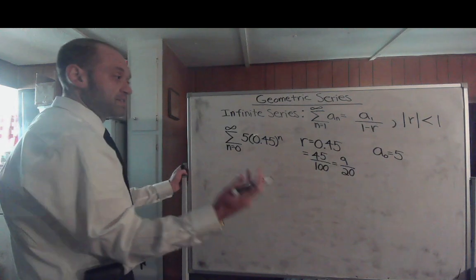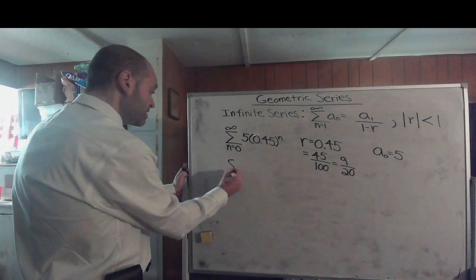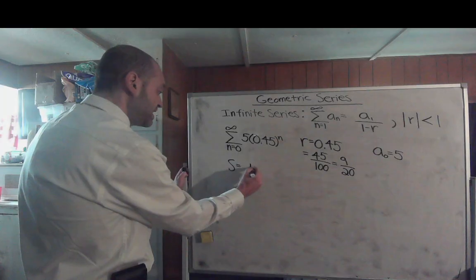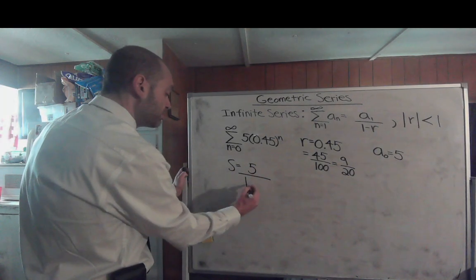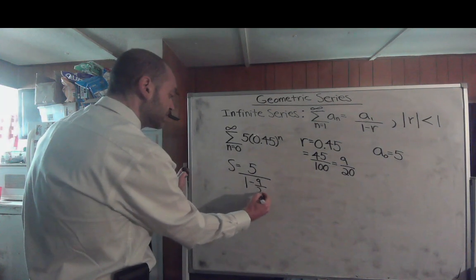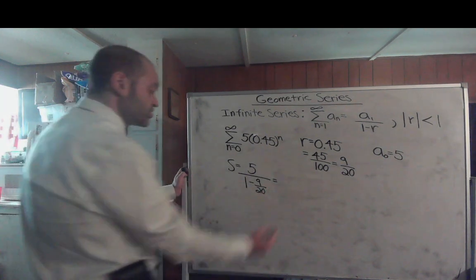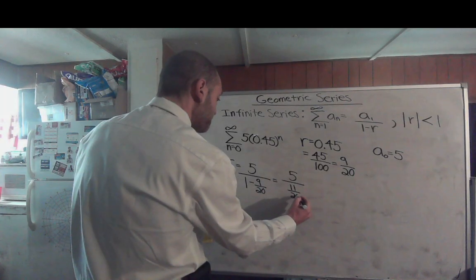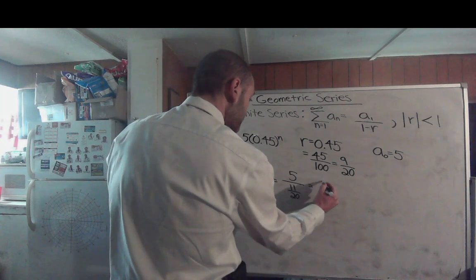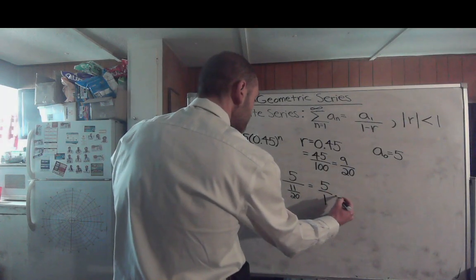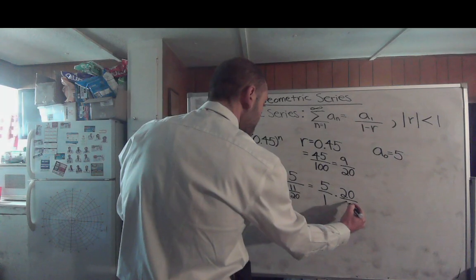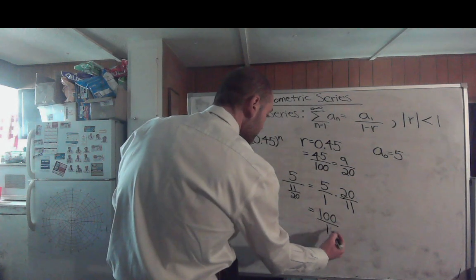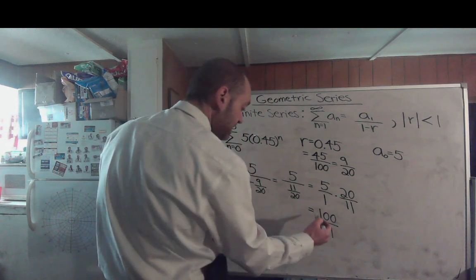Now we can find the sum of this series, which is going to then end up equaling our first term of 5 all over 1 minus your common ratio of 9/20ths, which is going to equal 5 over 11/20ths, which would end up giving you 5 over 1 times 20 over 11, which would end up giving you 100 over 11, which is a bit less than 10.